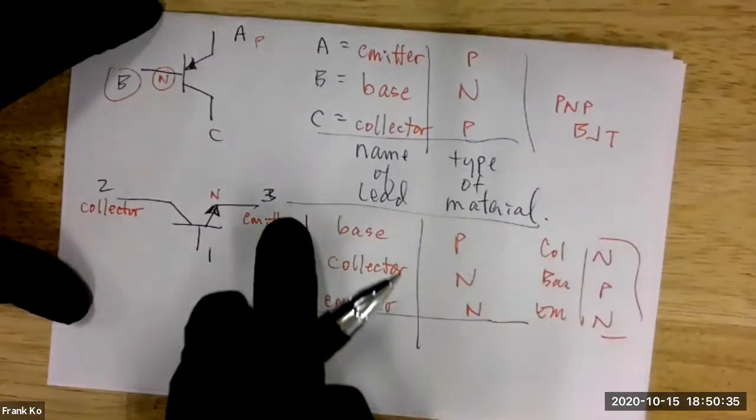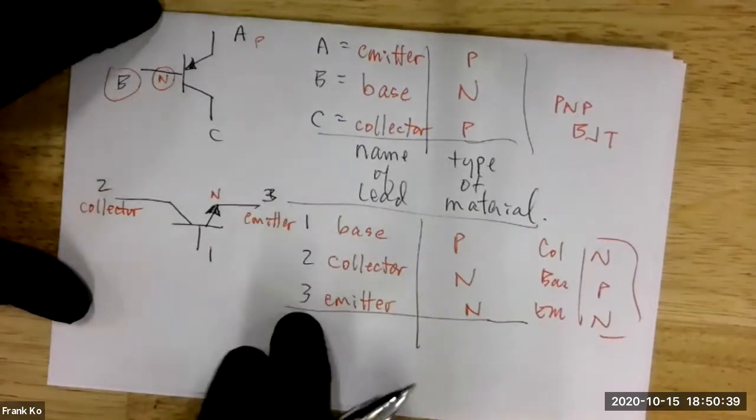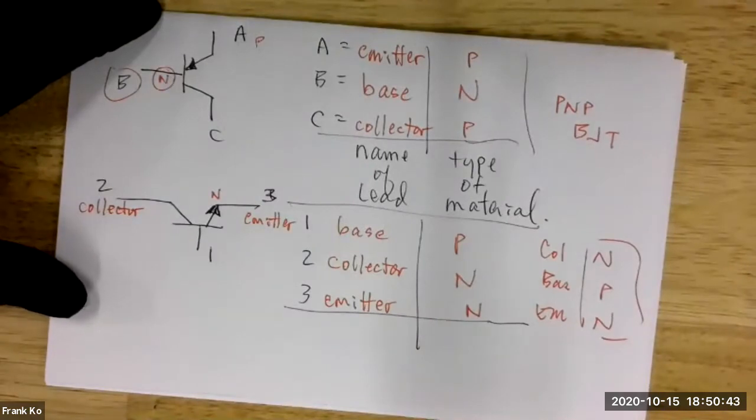NPN. But here I numbered things purposely out of sequence, because I want you to understand the inner workings of this transistor and how to call out the layers. That's really, really important, okay?